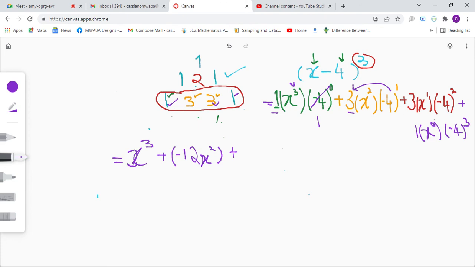So we have 48x. Plus, x to the power 0 is 1. Then negative 4 to the power 3 is going to be negative 64. So a plus negative 64.